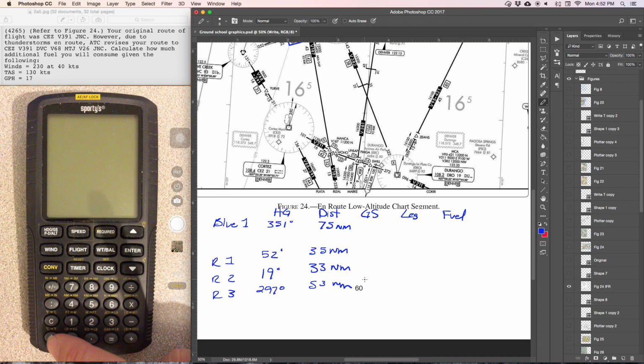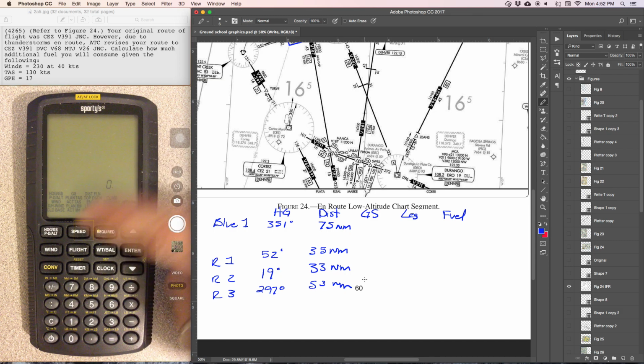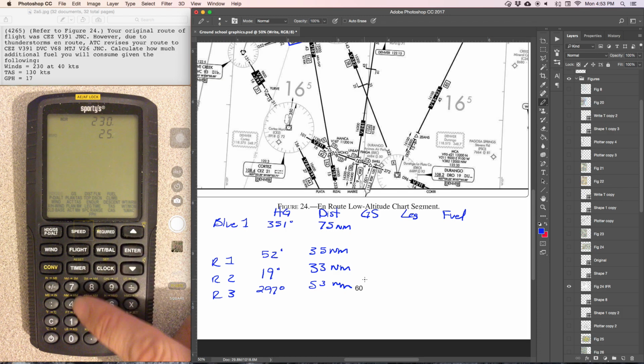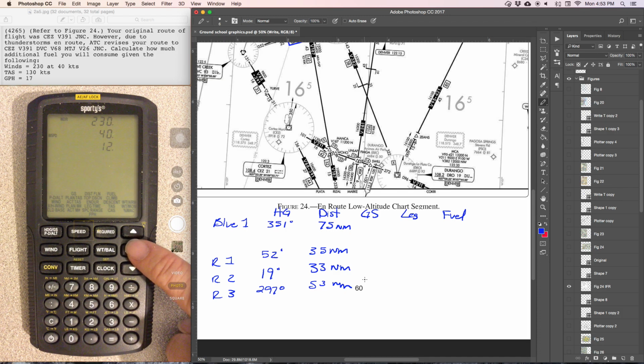Alright, so going over to the E6B, this will be a heading and ground speed to start out with. So we'll start with the wind. Wind is 230 at 40 knots. Course is 351. And airspeed is 130 knots.